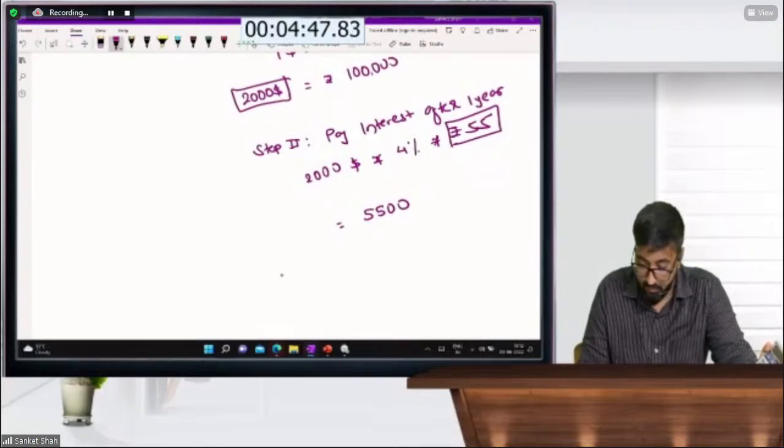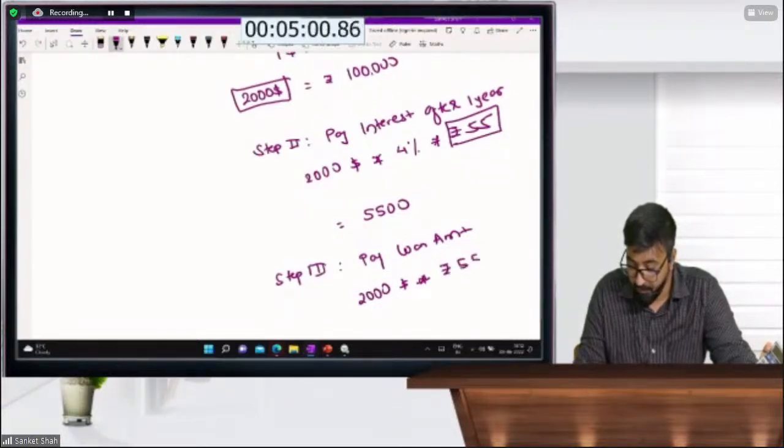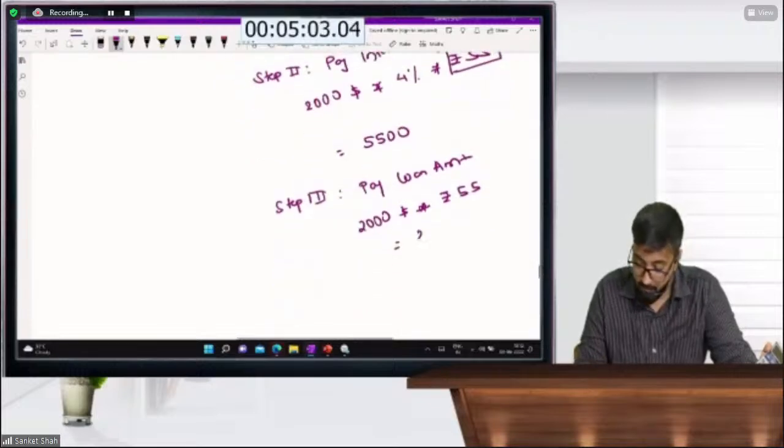And step 3, pay the loan amount: $2,000 into rupees 55. So this is 1,10,000.